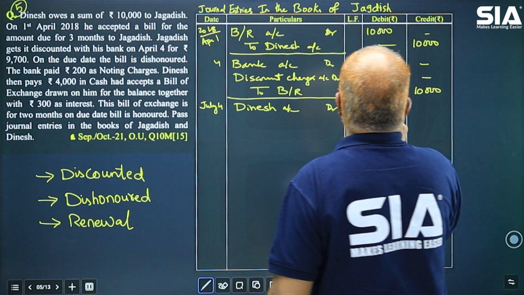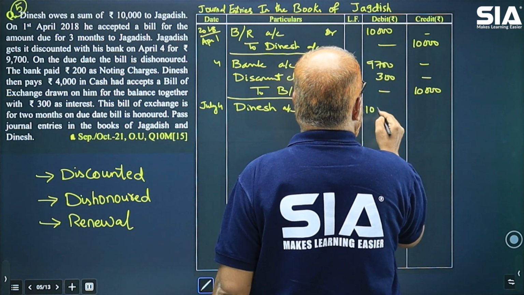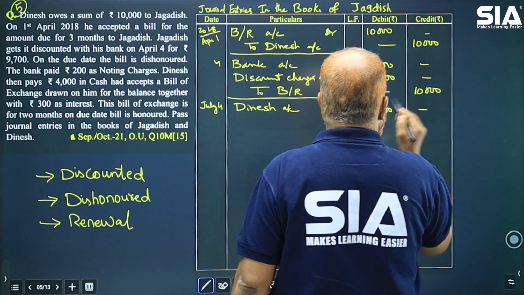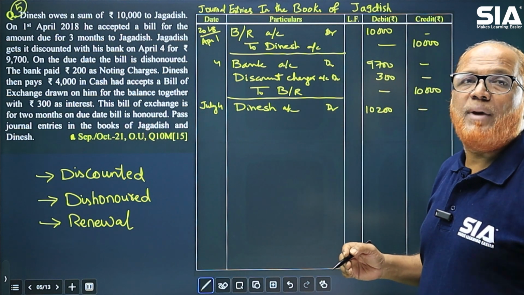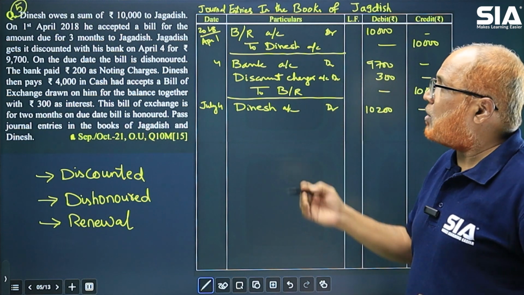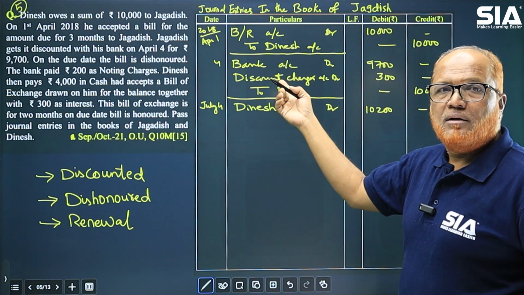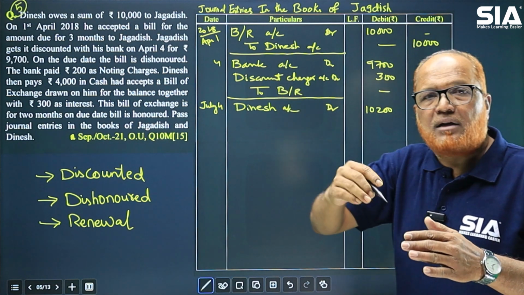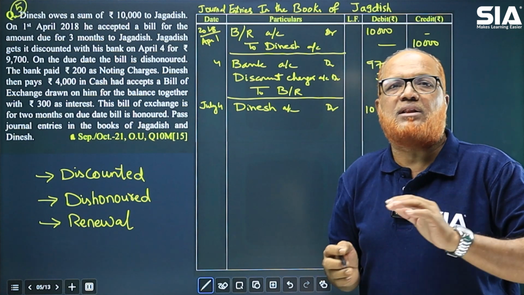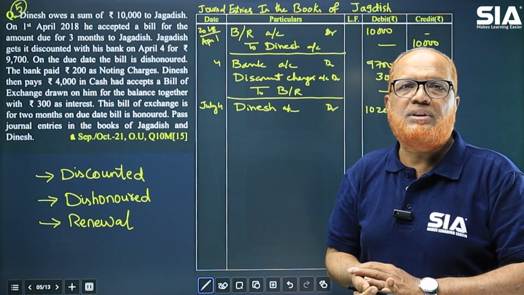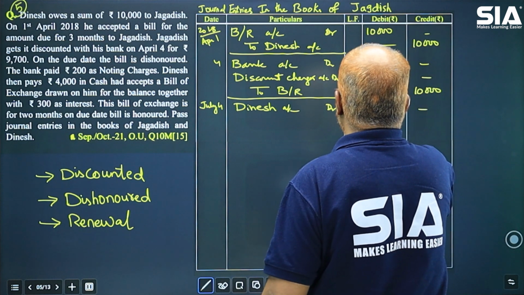So 10,200 has to be received from Dinesh, and this 10,200 should be paid to the banker because the bill was already discounted. Now Jagdish has to pay 10,200 to the bank, and Jagdish has to receive 10,200 from Dinesh, right?